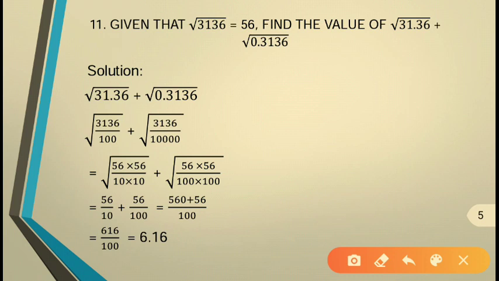LCM will be 100 and when you add you will get this. This can also be your answer, but if you want your answer in decimal form you can also write it 6.16. Both are correct.